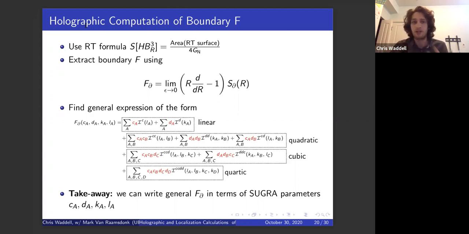And then in general, we can find an expression for boundary F in terms of the collection of supergravity parameters that I was referring to earlier. I've refrained from writing the actual explicit expression here because it's not necessarily that enlightening to stare at the full expression. But I hope the takeaway is that for a general solution of this type, we are able to write down an explicit expression for boundary F.